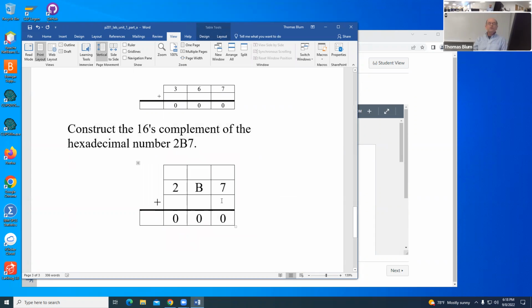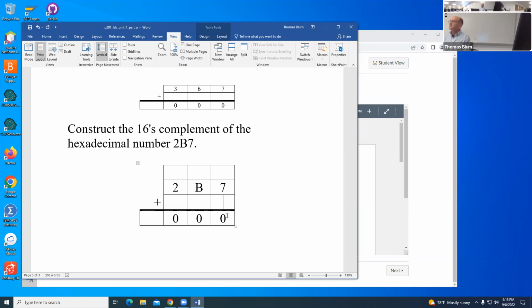So in this 1's place, I have a 7, and I ask, what do I add to 7 in order to get a 0 in this first place? And you're not allowed to say -7. 3? 3 if it were the 10's complement.